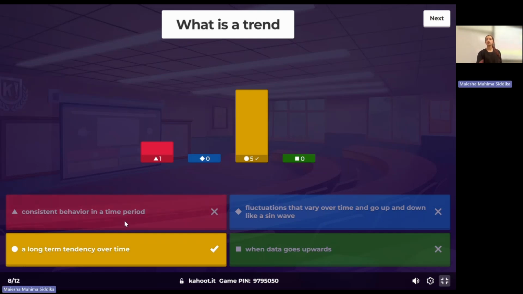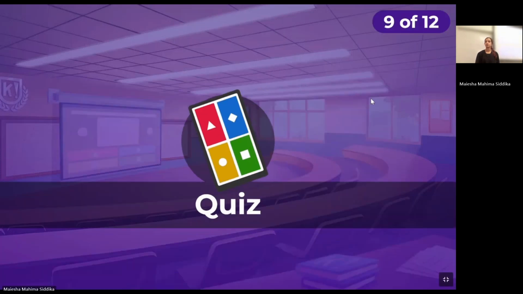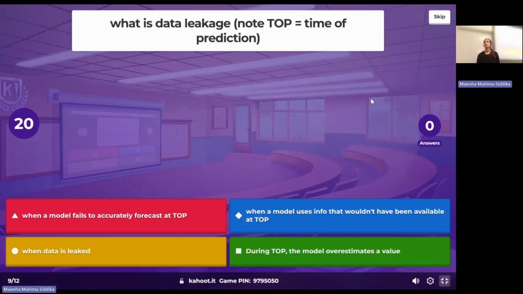What is a trend? It's a long-term tendency over time. Consistent behavior in a time period probably makes more sense for seasonality. So TOP stands for time of prediction.